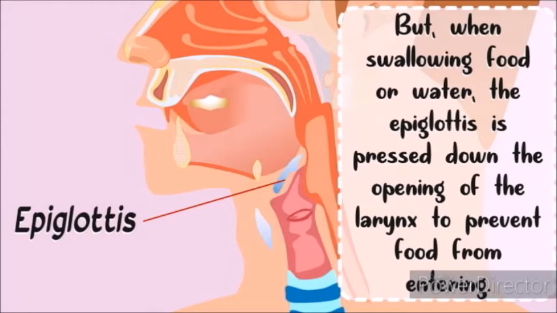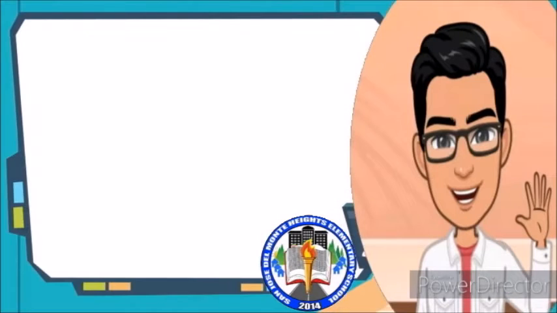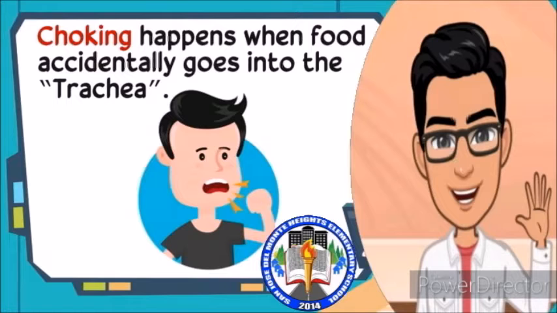But when swallowing food or water, the epiglottis is pressed down over the opening of the larynx to prevent food from entering. Choking happens when food accidentally goes into the trachea.